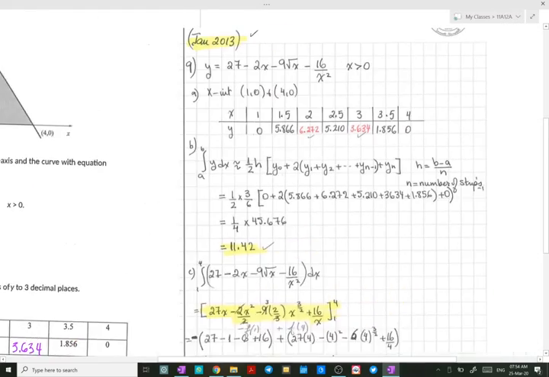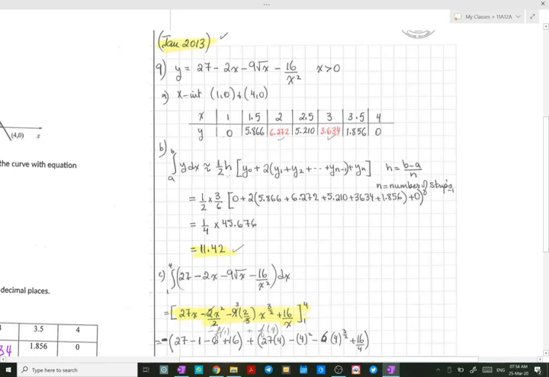We have half times h multiplied by y0 plus 2 times y1, y2, till yn minus 1, plus yn.